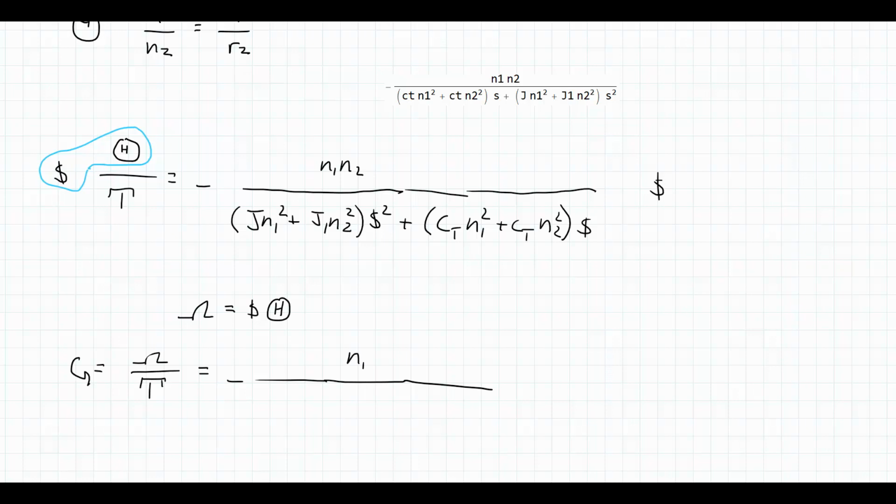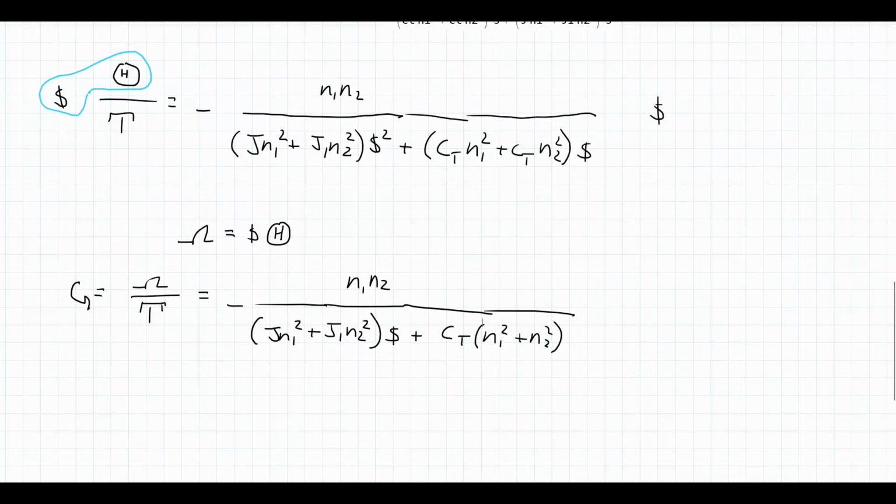Down here I will have (J n1 squared plus J1 n2 squared). Now the s on top and the s squared on the bottom are going to reduce, and I'm left with just s, plus, I'll pull out the c_t here, (n1 squared plus n2 squared). The s on top and the s in the denominator cancel each other out. And I'm left with then no s in the denominator. This is the transfer function that I was looking for at this point.